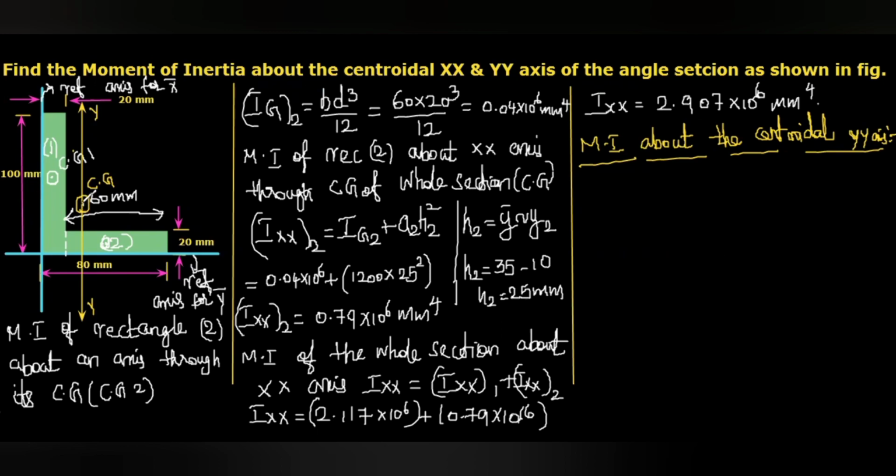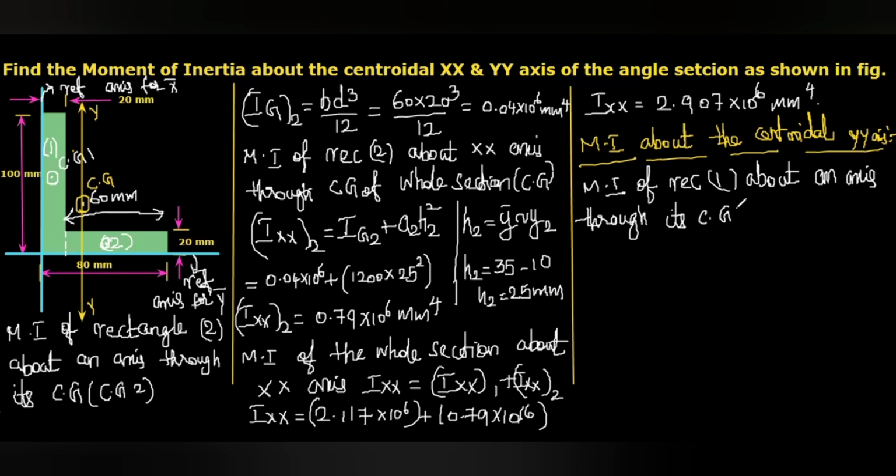Okay. First, moment of inertia of rectangle 1 about an axis passes through its center of gravity, that is CG1, and parallel to YY axis.